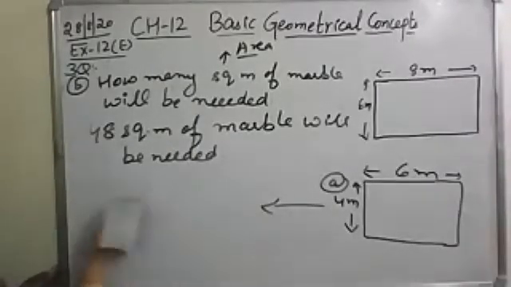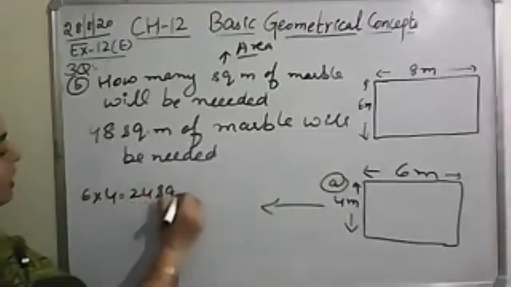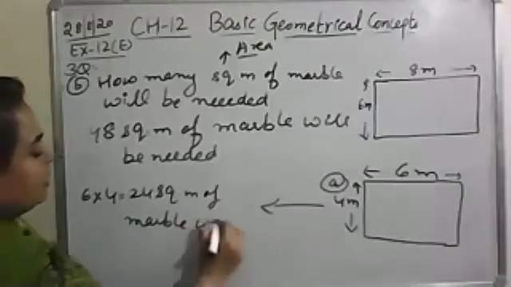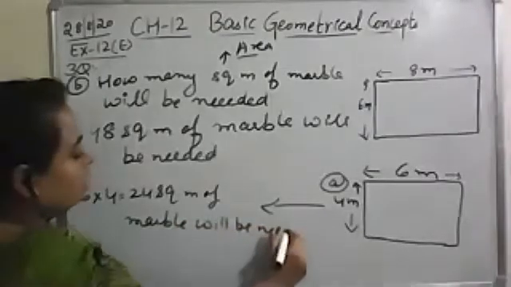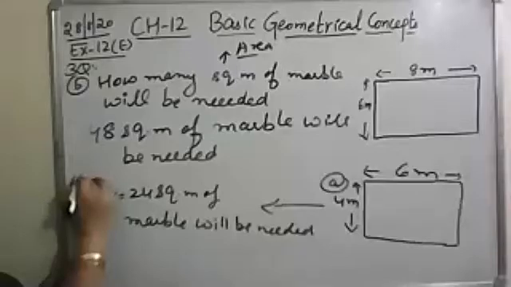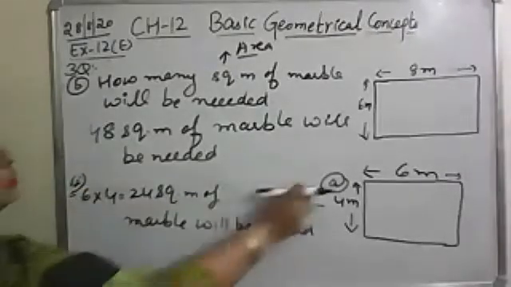So 6 into 4 is equal to 24 square meter of marble will be needed. This is the B part, the second part based on A.